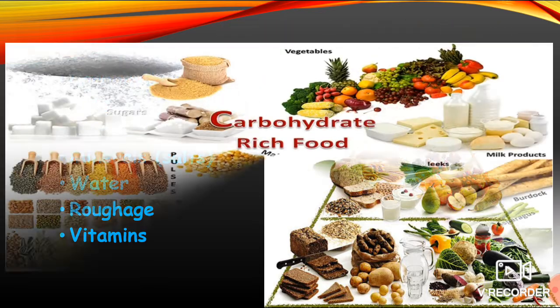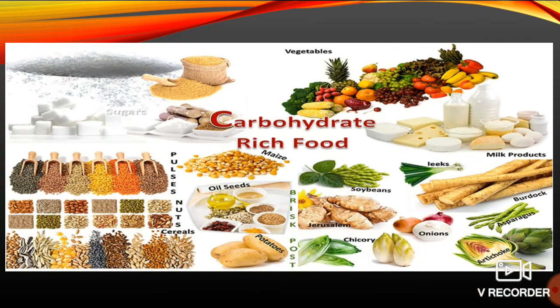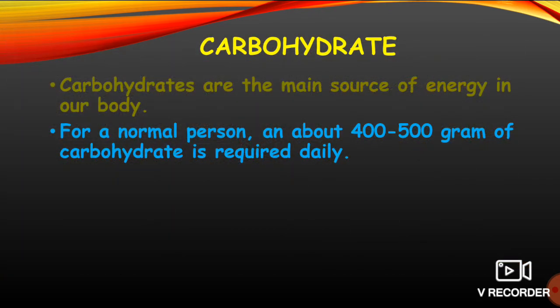Let's see one by one what is carbohydrate and from where we are getting carbohydrate and how it functions for our body. So carbohydrates are the main source of energy for our body. If we are having carbohydrate-rich food we will get more energy for performance and for executing any work.